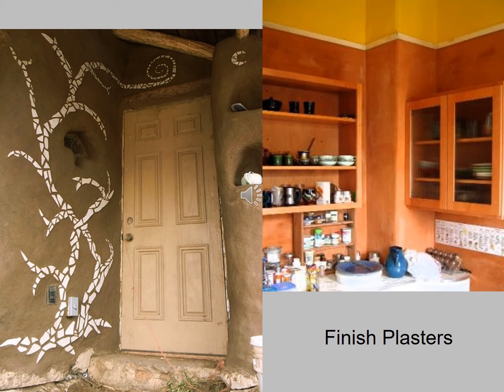And these finished plasters can be as smooth as you want them to be, as smooth as a sheetrock wall. You can see that in the orange kitchen, where they tinted that final clay plaster before they put it on. And they'll oil it with linseed oil, something like that, that seals it. So you can even have a shower done with this type of plaster, and it repels water. It's just like tiling, and it can give a very finished, beautiful look.